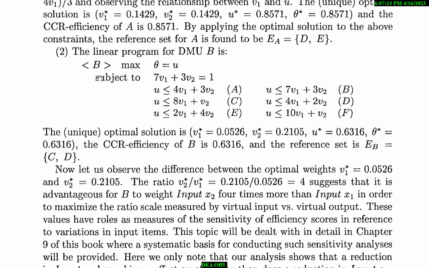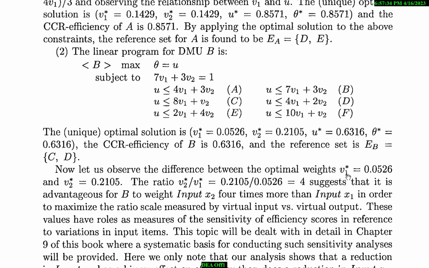Note that for each DMU we maximize its efficiency, so the efficiency is obtained by using the best weights for that DMU.